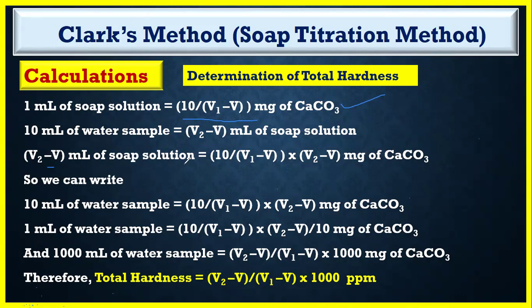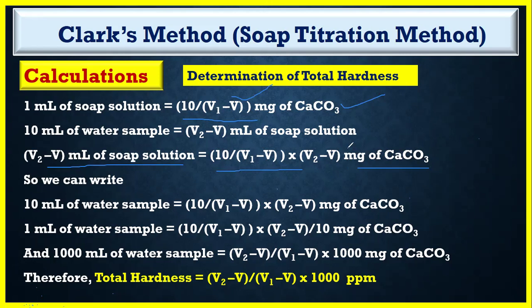Now, V2 minus V ml of soap solution is equal to 10 divided by V1 minus V, into V2 minus V, milligram of calcium carbonate. Why are we putting this equation here? Because we know that 1 ml of soap solution is equal to this much milligram of calcium carbonate. So V2 minus V ml of soap solution is equal to how much milligram of calcium carbonate?